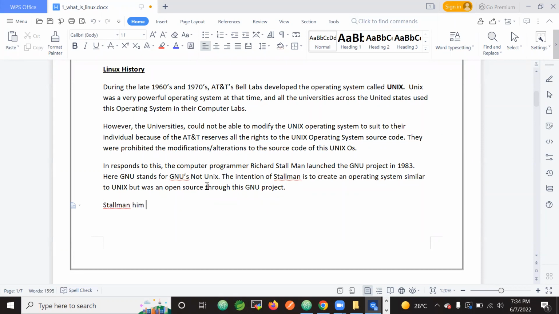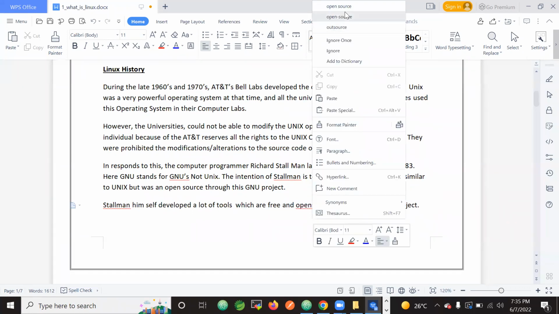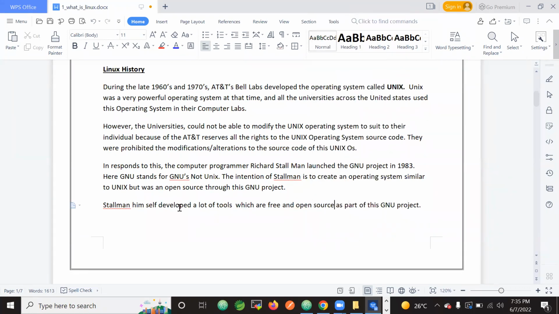Stallman himself developed a lot of tools as part of this GNU project, which are free and open source.